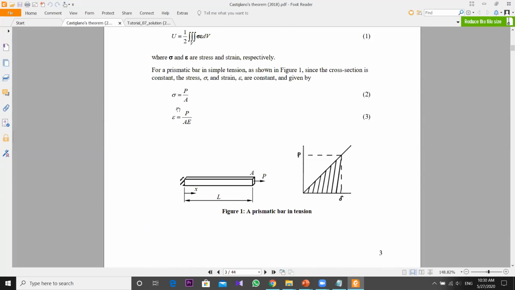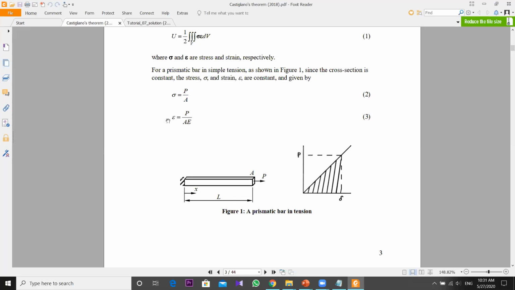We can express stress this way as well: the load divided by area, and this is the normal equation. F divided by A equals E times epsilon, the extension divided by total length. You can rearrange this equation like this, introducing E and epsilon.